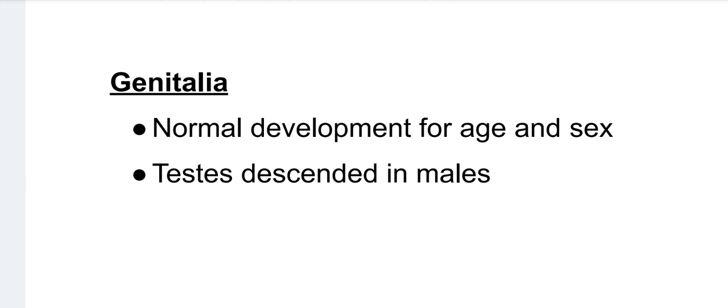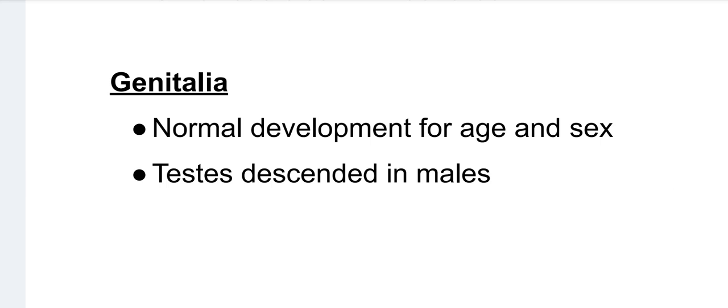And looking at the age of a neonate, they should have age-appropriate sex organs. Not a child who is just a neonate and already has armpit hair, or pubic hair. That's what we mean here by normal development for age and sex. Everything should be normal. If it's a male child, then the male genitalia should be of a smaller size and not bigger.